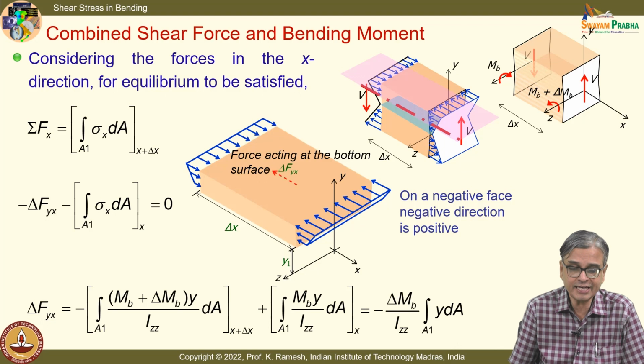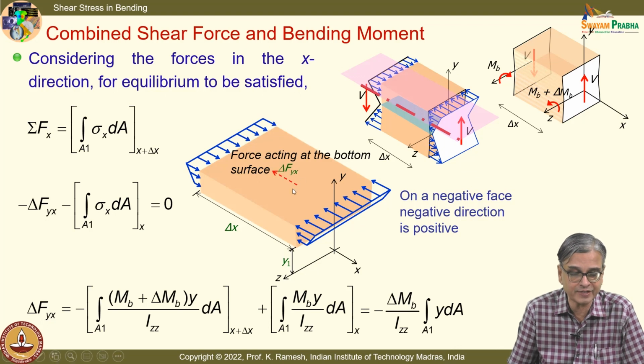So, in order to keep the element in equilibrium, I should have stresses developed at the bottom surface. I have shown this as force. Force gives rise to stresses, okay. And then our interest is to find out this.